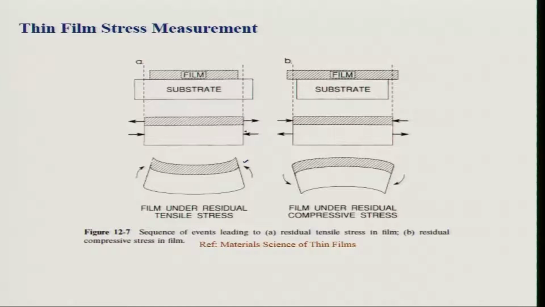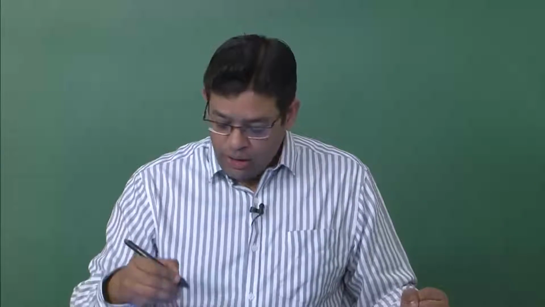If my substrate was under compressive stress and the film is under tensile stress, then there is a bending moment on the two edges, and it will lead to this curvature, warping of the substrate, which probably you cannot see optically by naked eye because your substrate is usually very thick. But we have techniques that can measure this bending and then relate it to the stresses in the film.